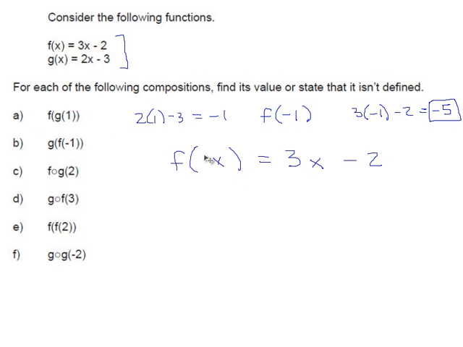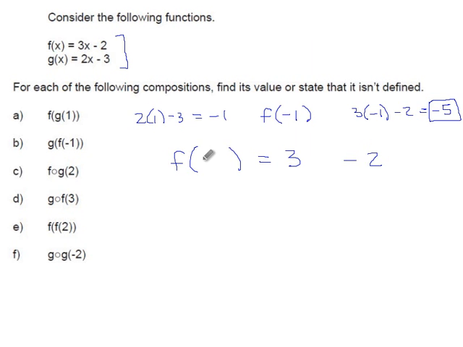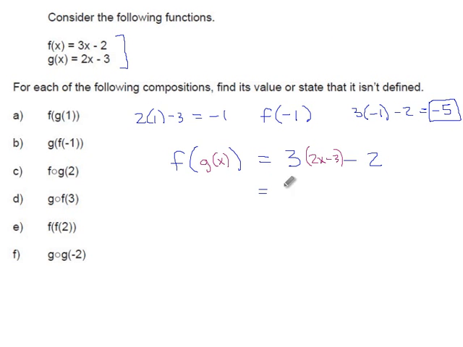I'll take this x out, and I'll take this x out, and here where there used to be just plain old x, we'll put g of x, and over here we'll put what g of x is, which is 2x minus 3. And if we clean that up, we get 3 times 2x minus 9 minus 2, which is 6x minus 11.